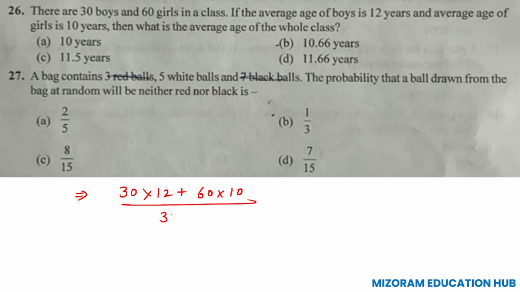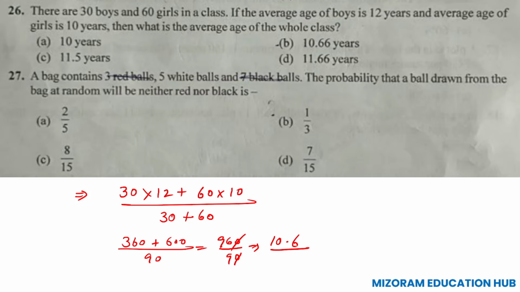Total students 30 plus 60, 90. So 30 into 12 is 360, 60 into 10 is 600, so 960 by 90. 0 cancel 0, so 96 by 9, which is 10.6. Option B is the correct answer.